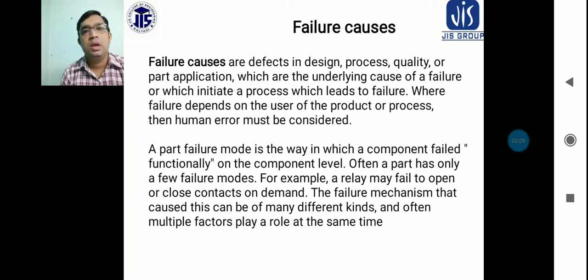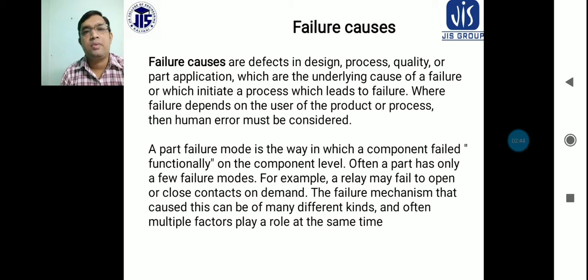When you produce a new type of product and launch it to the market, after launching you can see different types of defects come up in operation, and the reasons why they occur, including human error, must be considered as causes of failures.